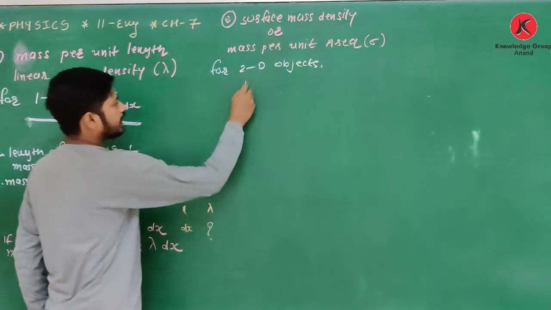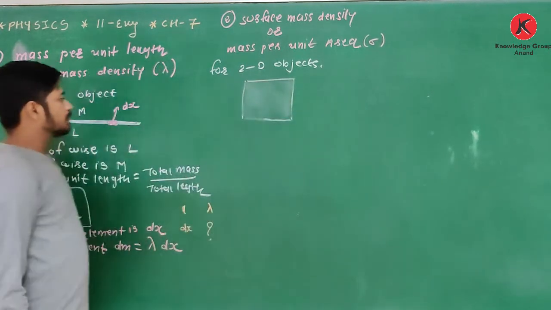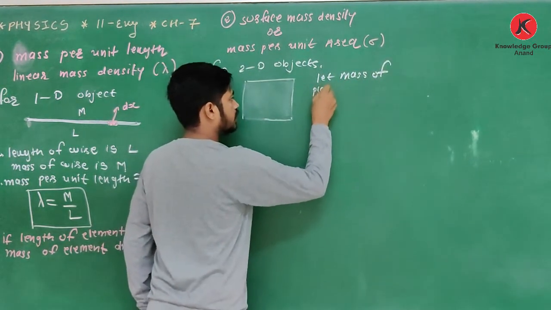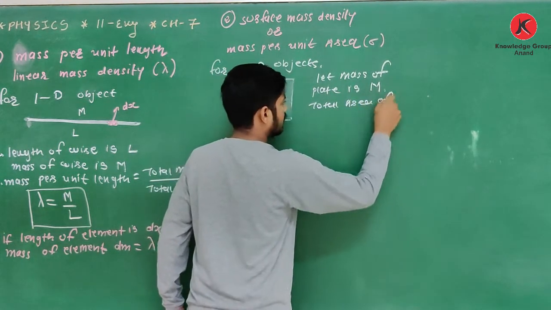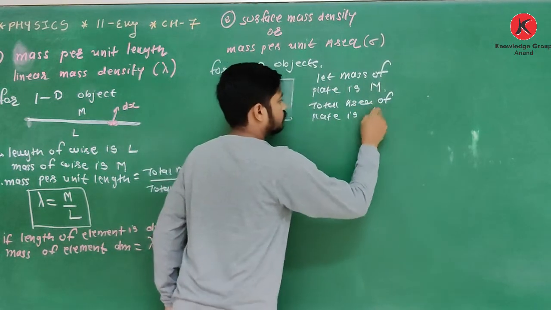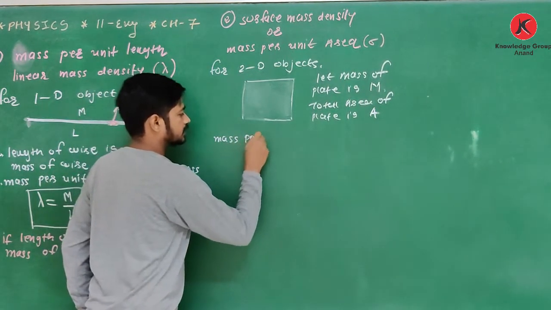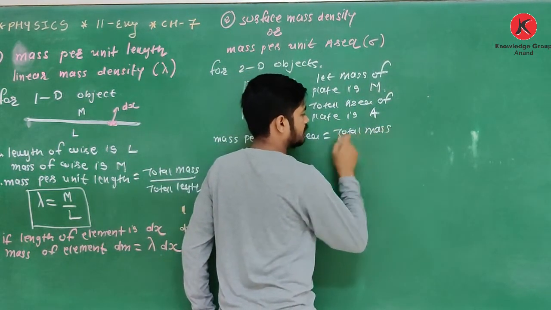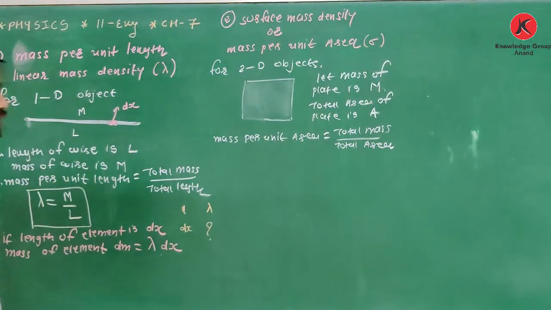Now, if I have one plate like this, let the total mass of the plate be m and the total area of the plate be A. Then, as with mass per unit length, here mass per unit area is equal to total mass divided by total area.